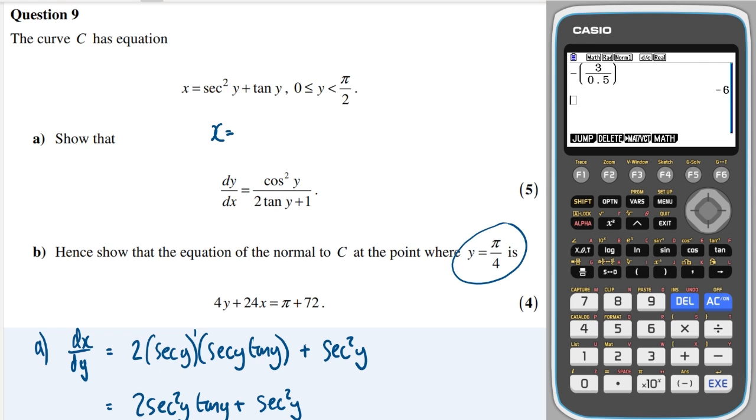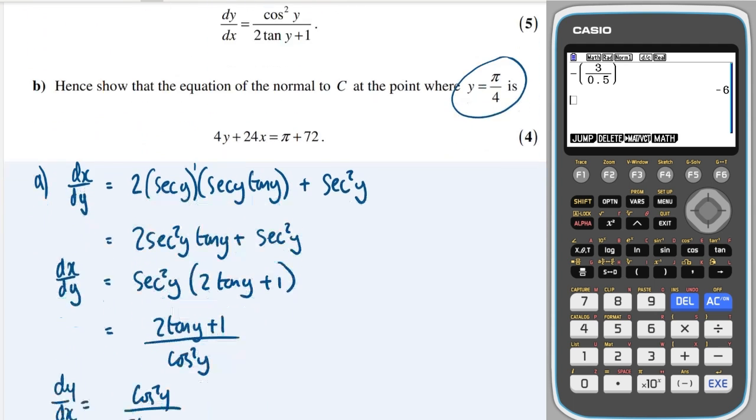Sec squared of pi over 4, well, cos of pi over 4 is 1 over root 2, squared is 1 over 2, reciprocal is just 2. And tan of pi over 4 is just 1, so it's just 2 plus 1 is 3. Of course, you just put it into a calculator if you're not comfortable doing exact values.